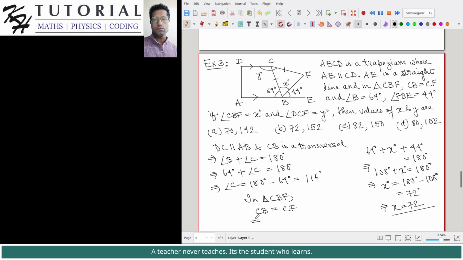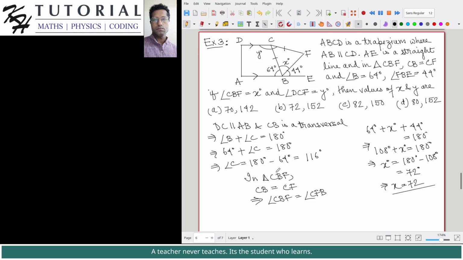So this implies that angle CBF is equal to angle CFB, which should be equal to x degrees, which is 72 degrees.